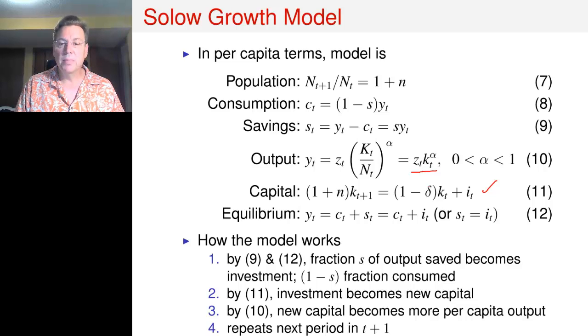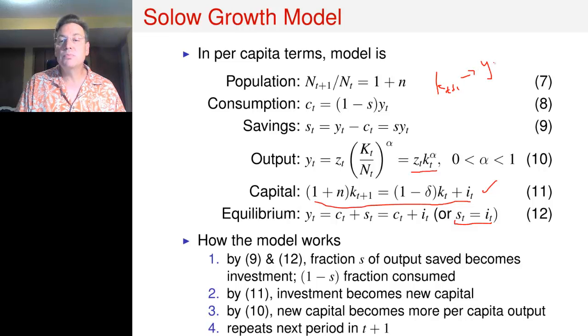Now, by equation 11, everything that gets saved becomes, by equation 12, investment. That investment then contributes to the capital stock that you'll have next period. But then once you have that capital next period, K(t+1) is going to tell you how much you can produce next period. And then you start all over again.